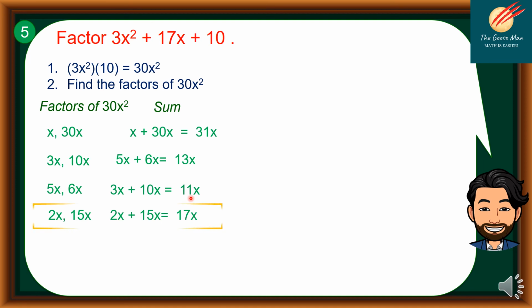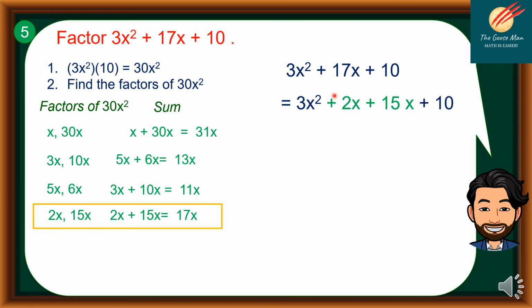At last we found that the factors of 30x squared such that the sum is equal to 17x are 2x and 15x. So again, I'll write 3x squared plus 17x plus 10, renaming 17x as 2x plus 15x. Again, we can use factoring by grouping.